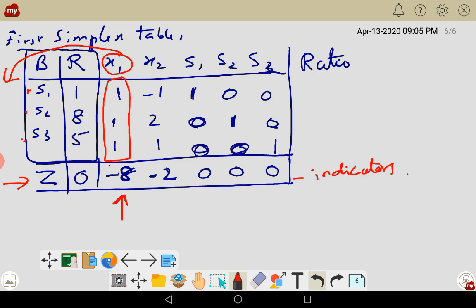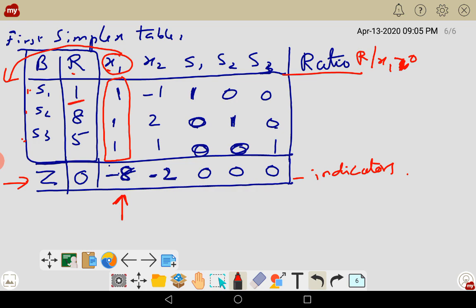Now let's find the row which is moving out. Ratio is RHS divided by, now in the previous problem it was x2, but here it is x1. So we will write the formula as RHS over x1, and the elements of x1 should be strictly greater than 0. If there is any negative value in this pivot column, we will not find a ratio.